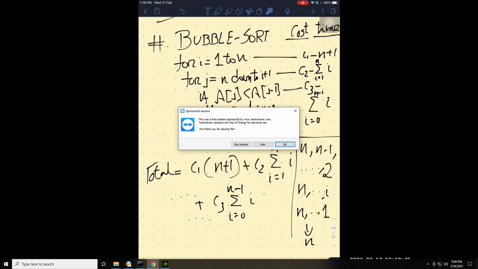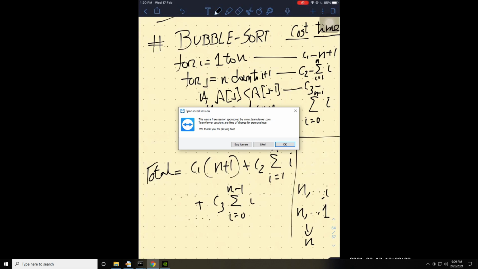When i is 1, we go from n down to 1, so the inner for loop will run n times. Does that make sense? Yes, that makes a lot more sense. So we would only count it for that and not everything else that falls in the for loop. Yeah, exactly.